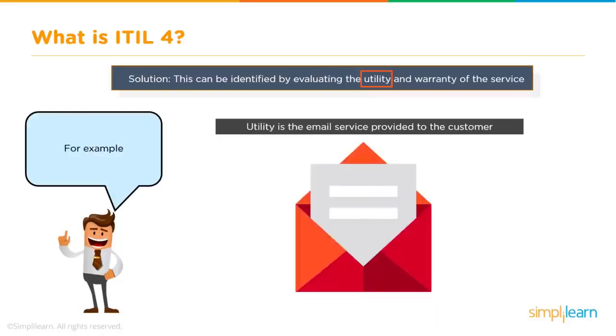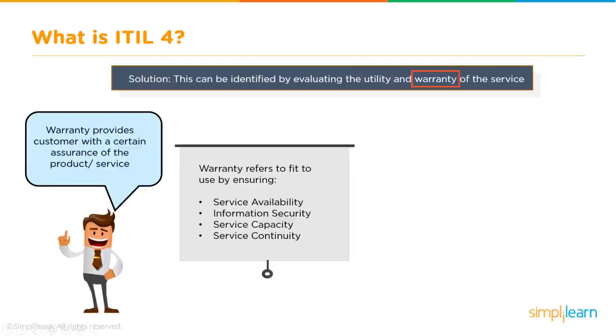Whereas for email services, if I take an example, utility is all those parameters, features and functionalities associated with the email service, like mailbox capacity or the speed of sending or receiving emails, etc. Similarly, warranty refers to the customer being given certain assurance about the product, like service availability, information security, service capacity and service continuity.